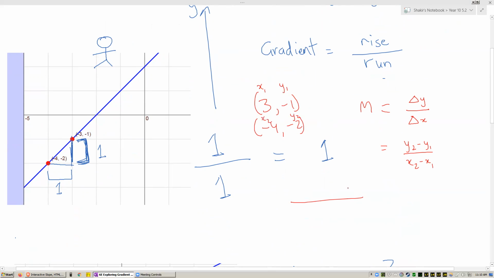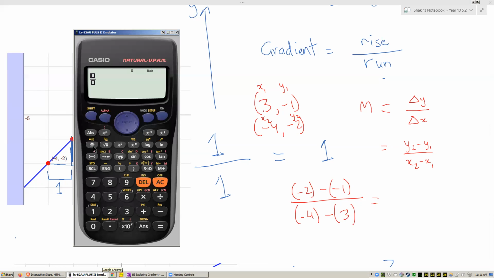Y2 is negative 2. Because it's a negative number, use brackets: negative 2 minus Y1. Y1 is negative 1, another negative number, so brackets again, all over X2, which is negative 4, in brackets, minus open bracket, X1, which is 3. Use brackets anyway, and just put the whole thing in your calculator.